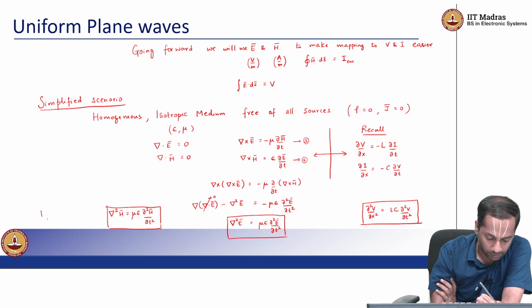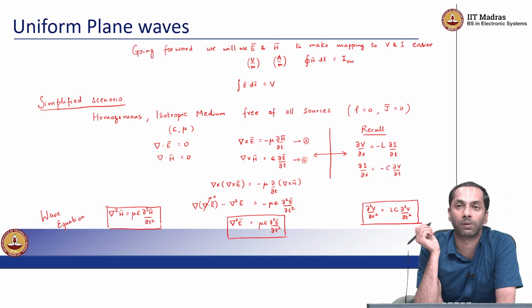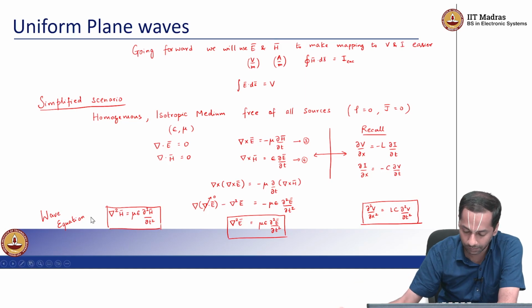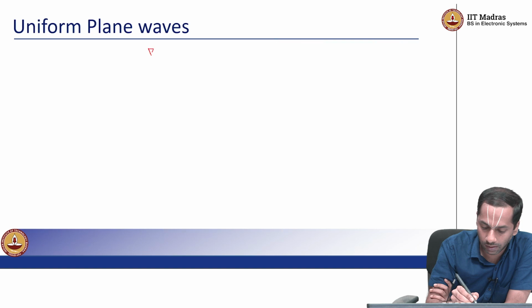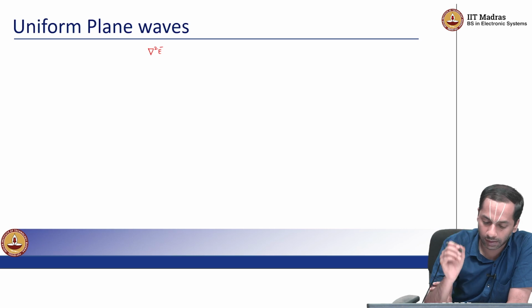So what are these called? This is a very, very popular wave partial differential equation, has been studied very well, and the solution forms are known in many, many scenarios, right. So just introducing what the Laplacian on an electric field, on a vector field looks like, right.